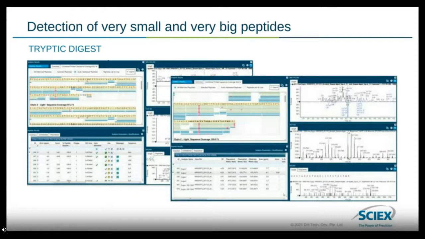Another example, which I mentioned earlier briefly, some peptides we miss in LCMS. For example, very small hydrophilic peptides, they tend to elute very early in the injection peak, so you don't get a really clean spectrum in LCMS sometimes. The same holds true for the very big peptides, the very big hydrophobic ones.